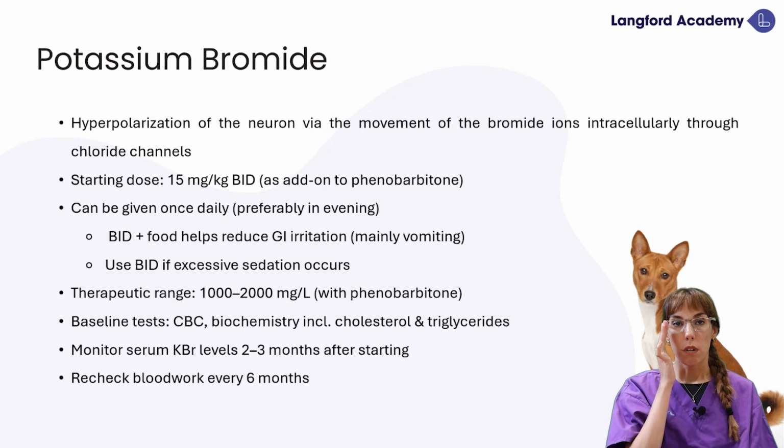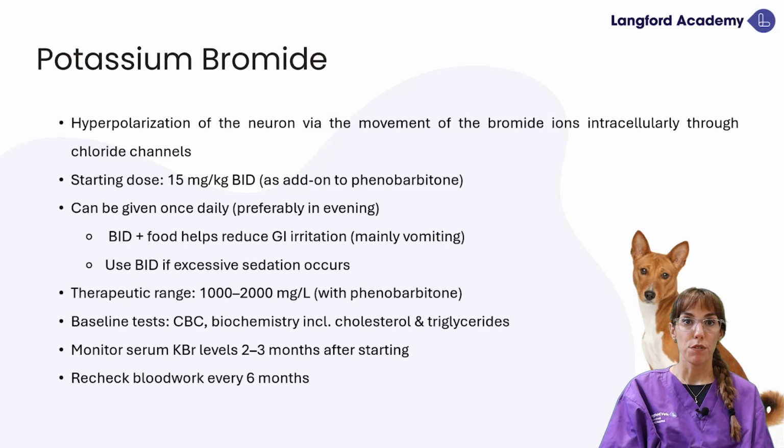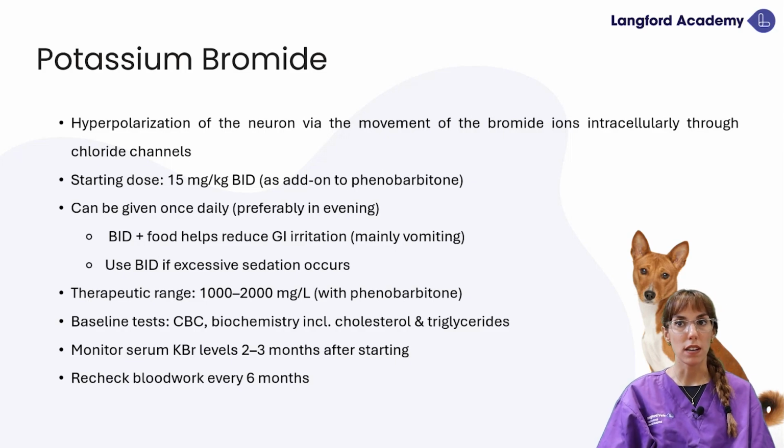And then potassium bromide. So I guess the benefit is that while phenobarbital enhances GABA receptor activity as well as imepitoin, by prolonging your chloride channel opening, potassium bromide acts as a chloride substitute, and it hyperpolarizes neurons by directly entering chloride channels.